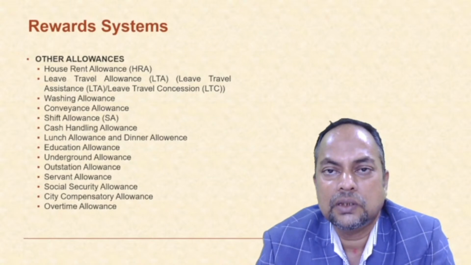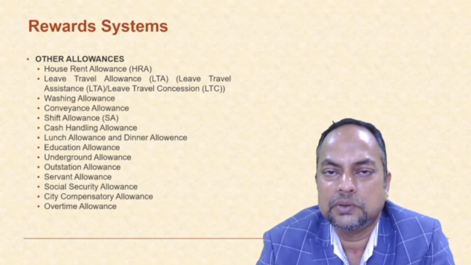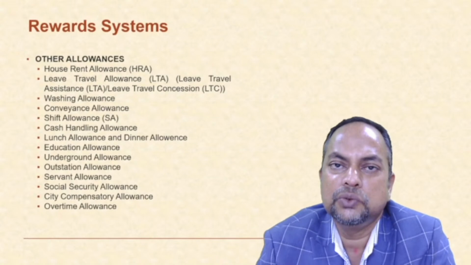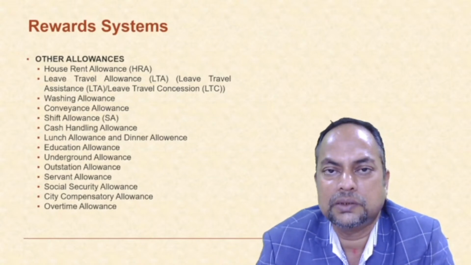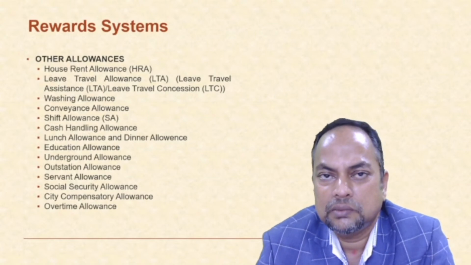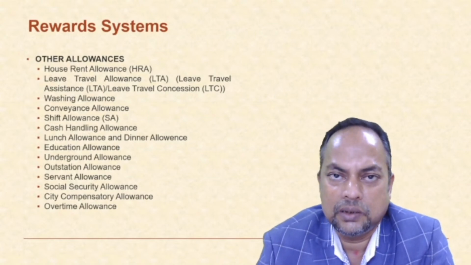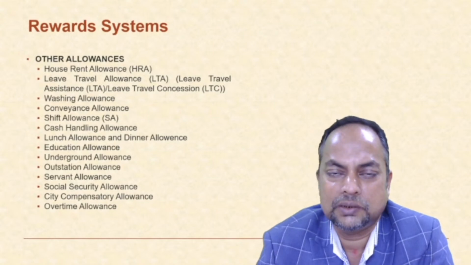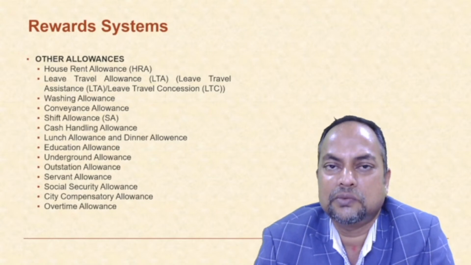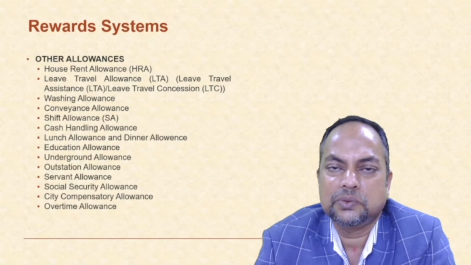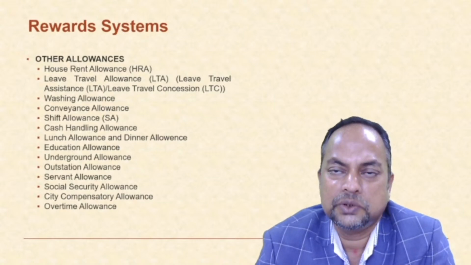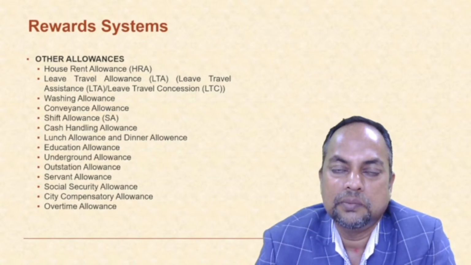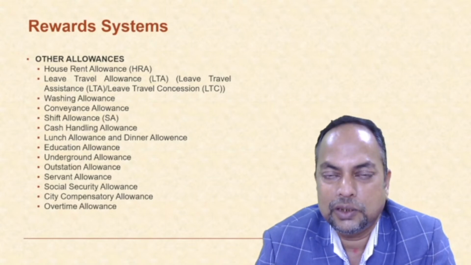Cash handling allowance. Sometimes some of the people deal with huge cash, like the cash intake and cash outlets. So most of the time, taking a balance between these intakes and outlets, or in financial terms, the credits and the debits, whatever it may be, chances are there that they will make some kind of mistakes which will make them pay it from their own pocket itself.